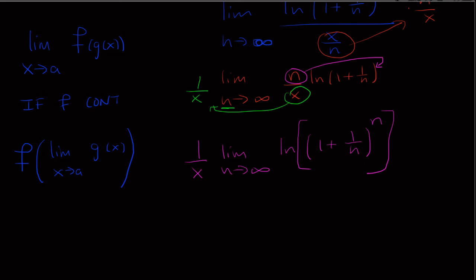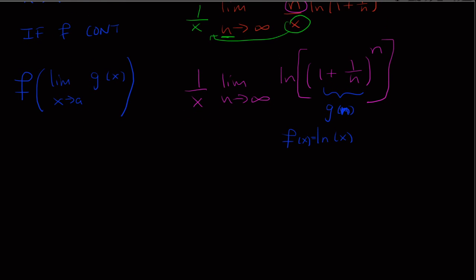In this case, (1 plus 1 over n) to the n is going to be our g of x, and f of x is going to be our natural log of x. Actually g of n, since we have it depending on n instead of x. So I'm going to pull out the f of x, which is the natural log.